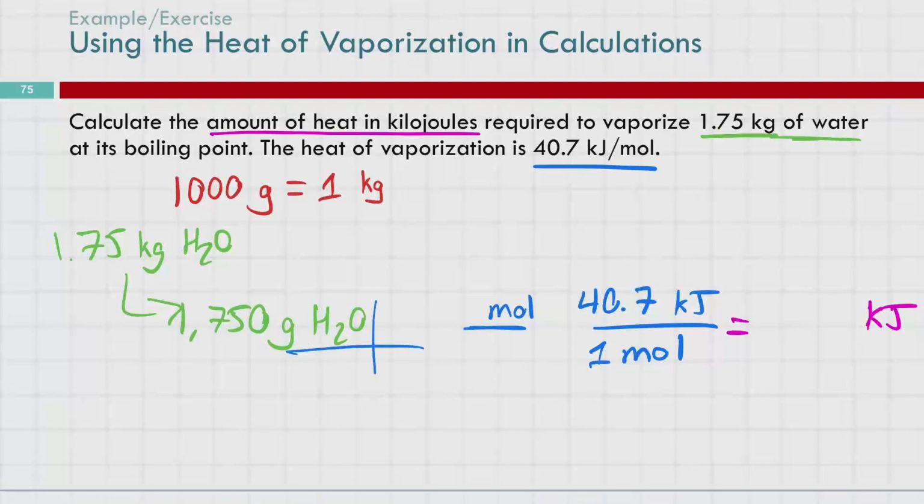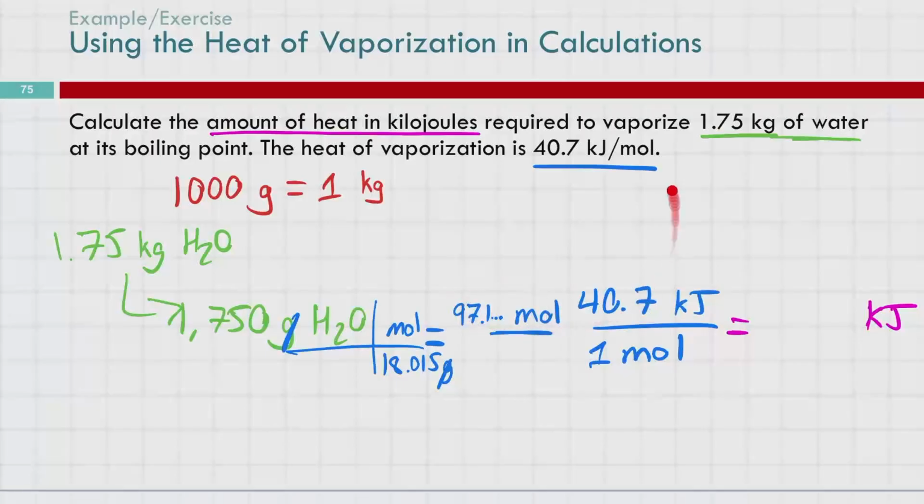So we need our molar mass, which is 18.015 grams per mole. So that'll give us the moles that we were looking for, which is a big number, 97.1 moles, which is a lot of water for what we usually do.